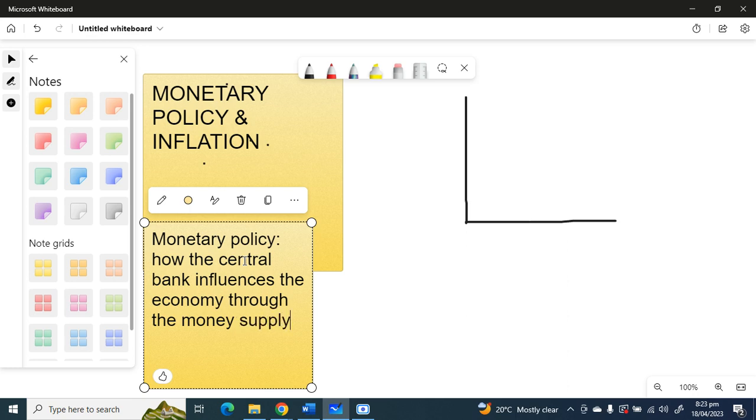So there are three tools that the central bank uses to impart this monetary policy. Do we remember the tools, Mr. Ernest?